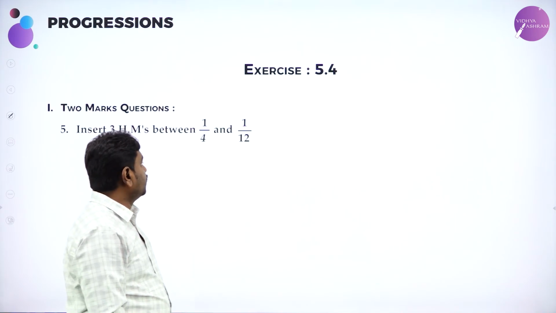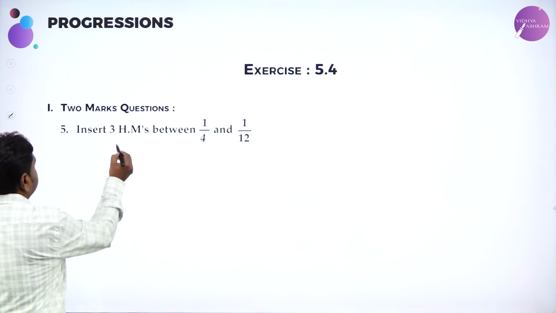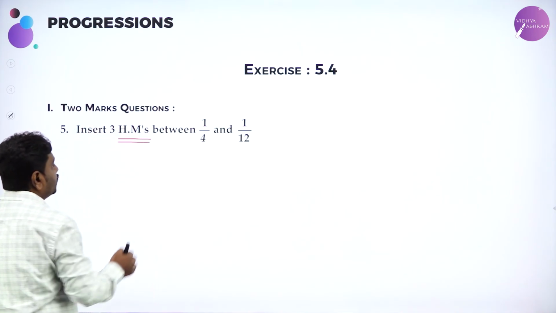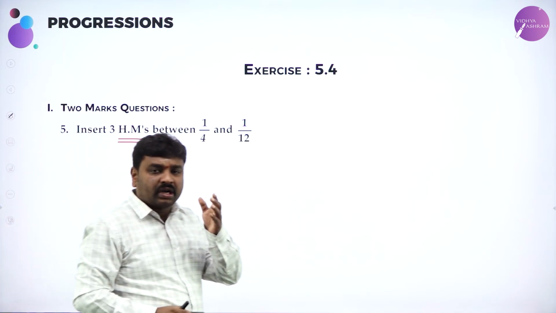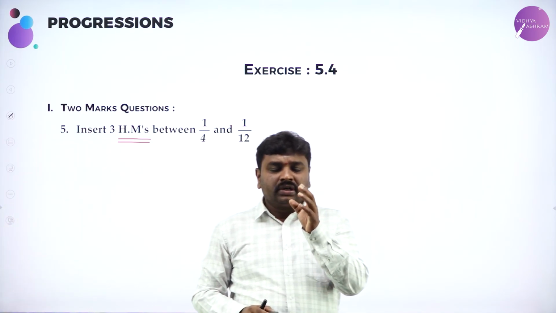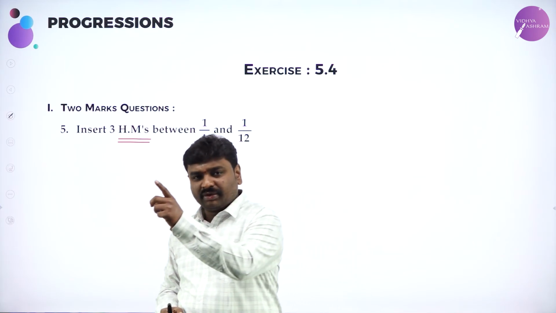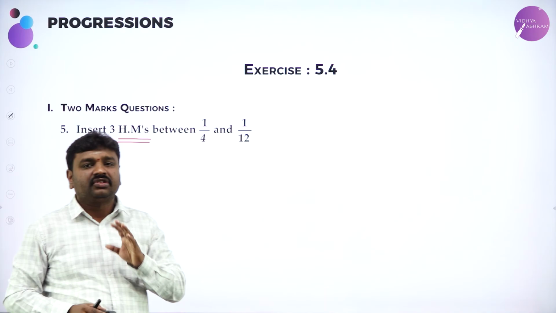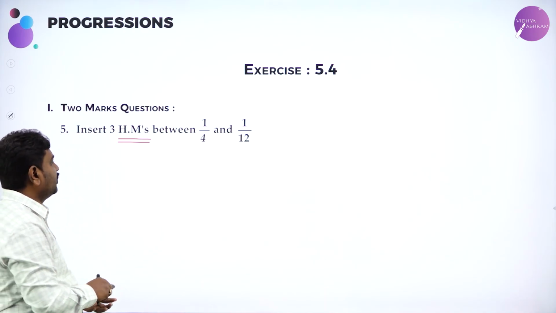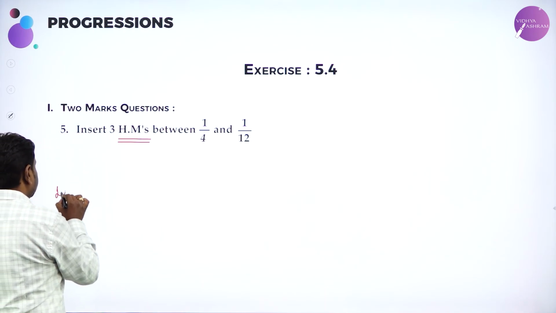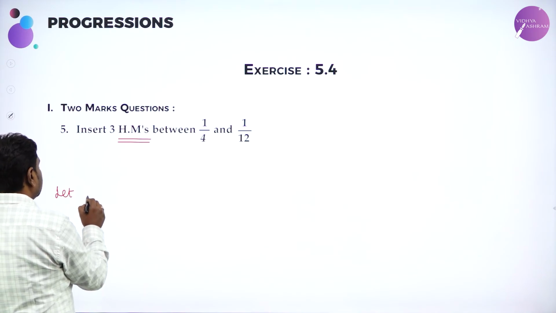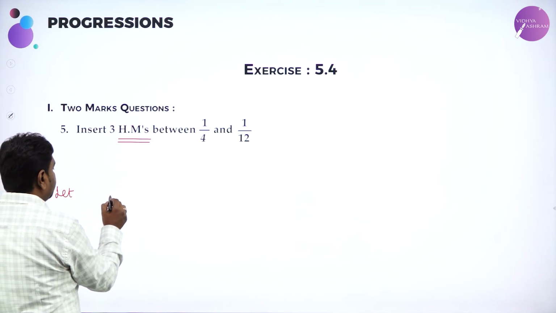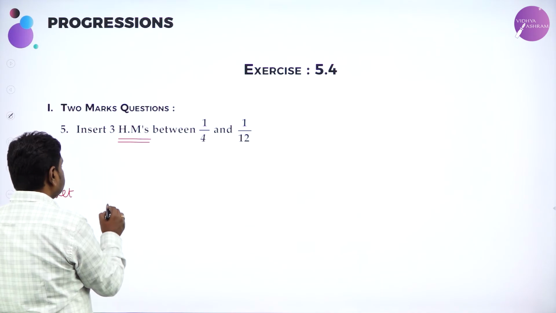Then we have the next problem. They want the HM, harmonic mean. Please understand, in harmonic progression, numerators will be 1 and denominators will be in AP. So as usual, we'll assume 3 terms.